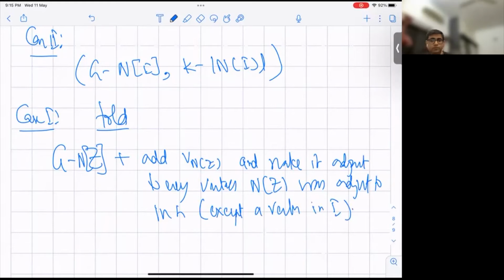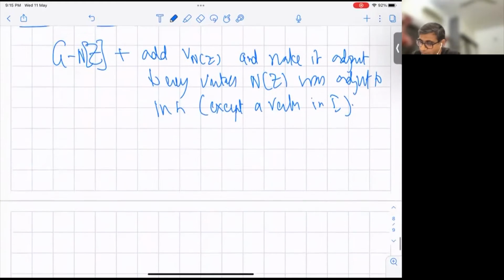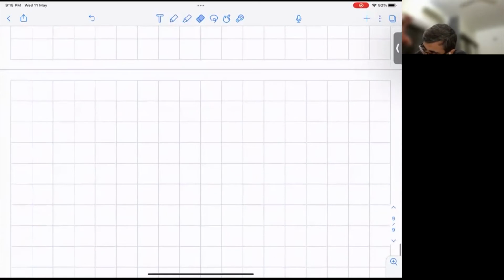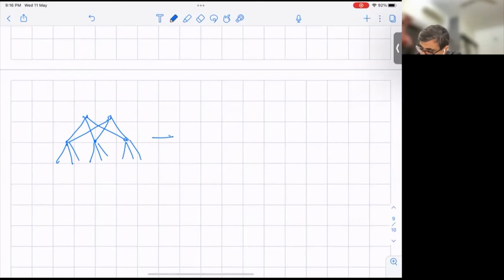Is that fine? So for example, this is an example. This is a bad example. Let me draw better for you. Because both Z and N of Z are independent, what am I going to get?